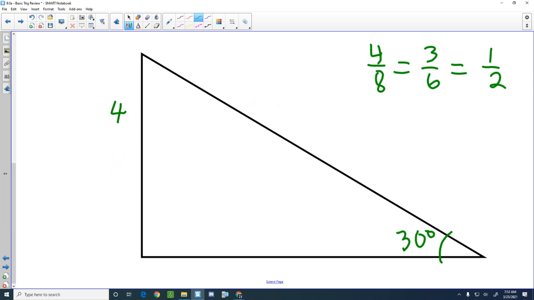If this was 4 and this side was 8, or if this side was 3 and this side was 6, or if this side was 1 and this side was 2, all those I'd get the same exact ratio of 0.5. It'd be the exact same decimal. And so because of that, we've got these ratios, these trig functions that we can use. And whichever two sides we use will be a different ratio, but that ratio is consistent for that angle.